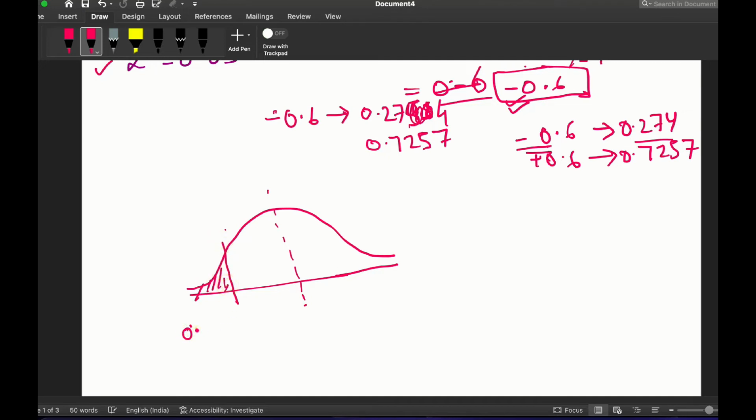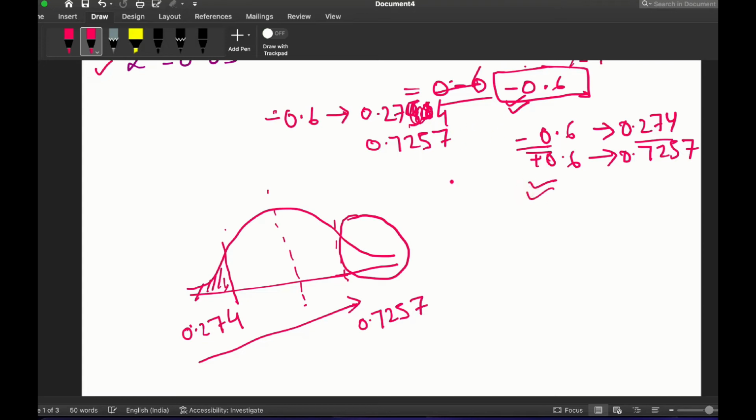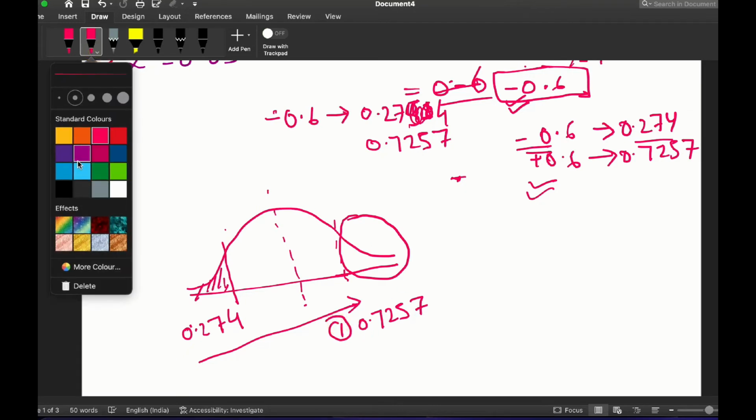And this full area is 0.7257. So whichever we take, the answer will be the same. In case we took the positive value because we made a mistake above, we change the sign and take the positive value, so it doesn't matter, because this area we know, we will take this. Okay, I will just change color.